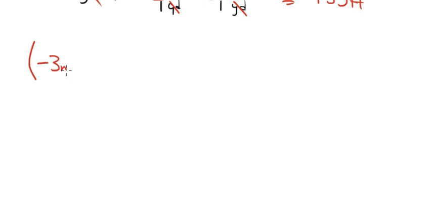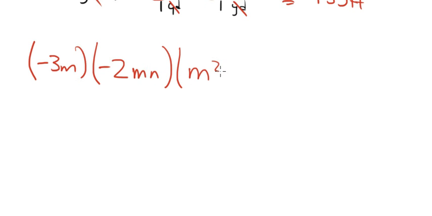Minus 3m, and then minus 2mn, and then m squared n. And we want to multiply. We remember in our constants, we multiply our constants. We add our exponents on the variables. So we multiply this negative unit by this negative unit, and the constants being 3 and 2.